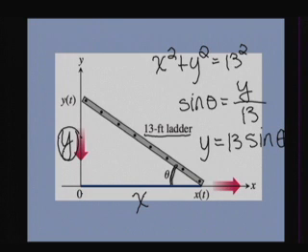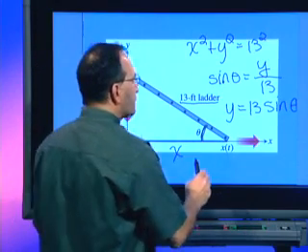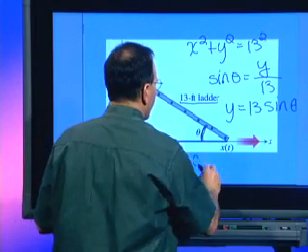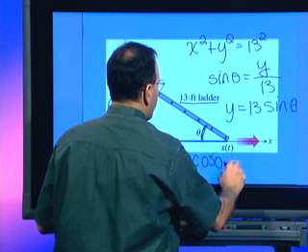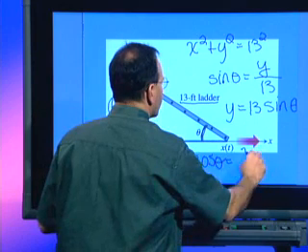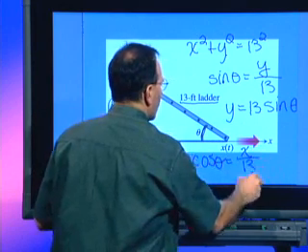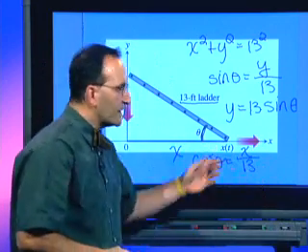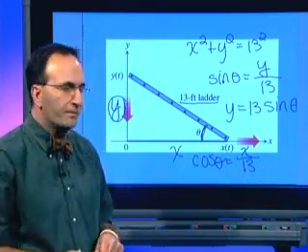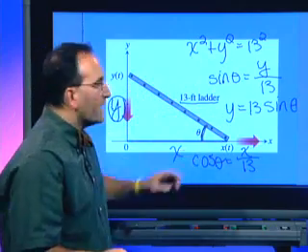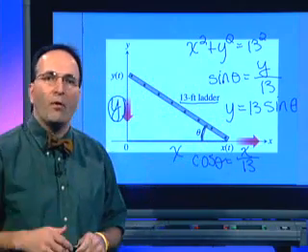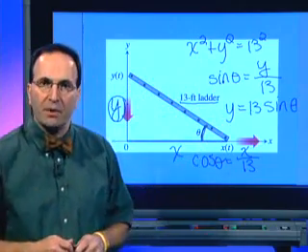In addition, the cosine of theta would be x over 13, and we'll be using that information as well.